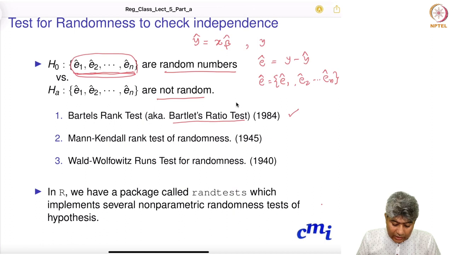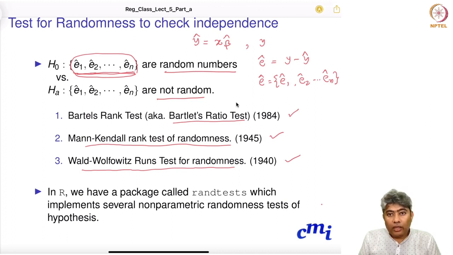Second is the Mann-Kendall rank test for randomness. And the third is the Wald-Wolfowitz runs test for randomness. Bartels rank ratio test is comparatively a newer test with better statistical power.